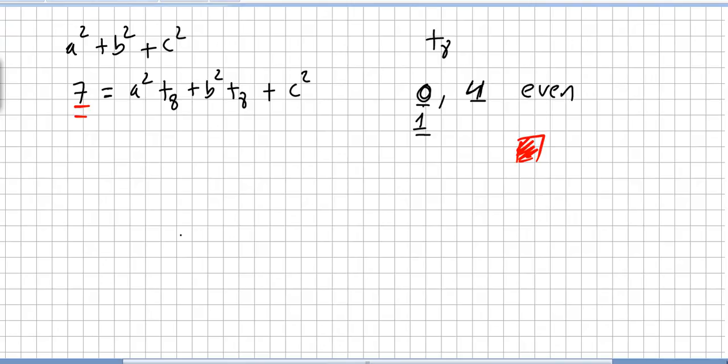Let me give you a quick example of something that is not a homomorphism.